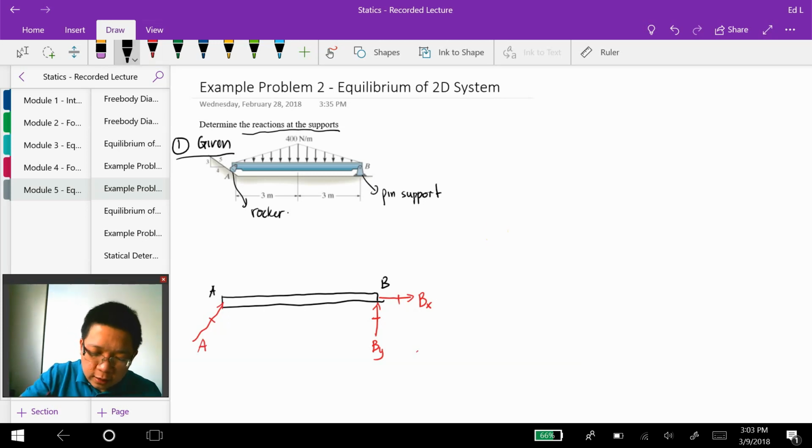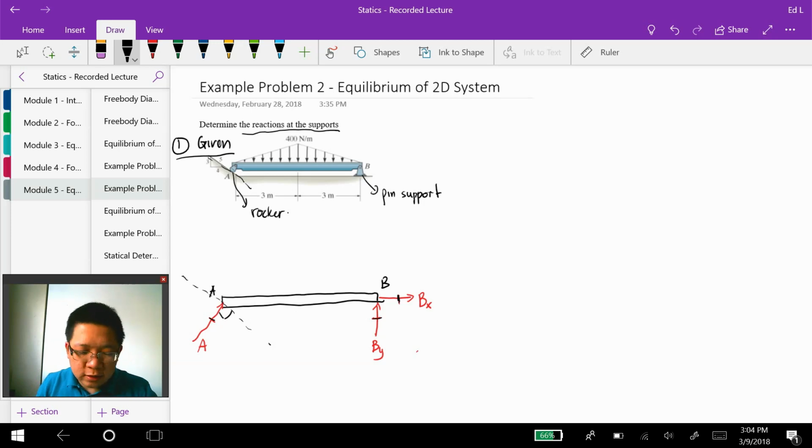If this is the inclined surface here, then this reaction force is perpendicular to that inclined surface. Note that I use a dash in the arrow of the reaction forces to indicate that those are the unknowns that we are going to calculate.